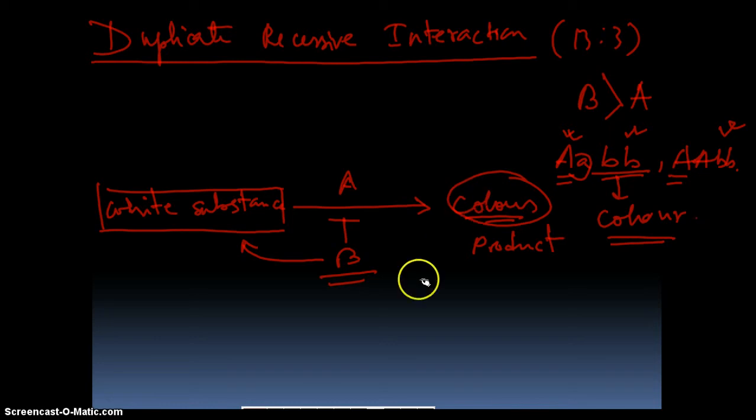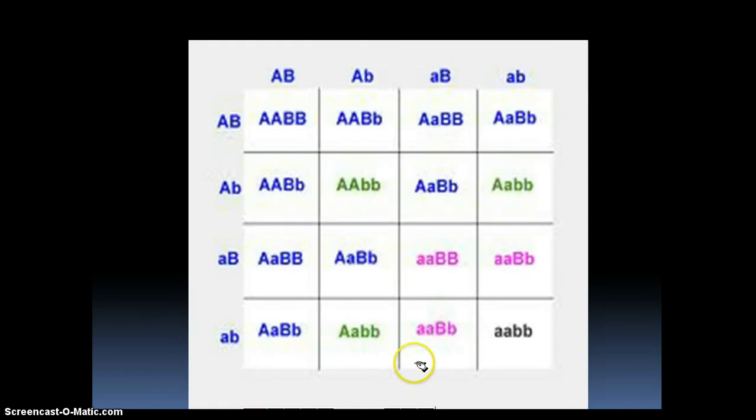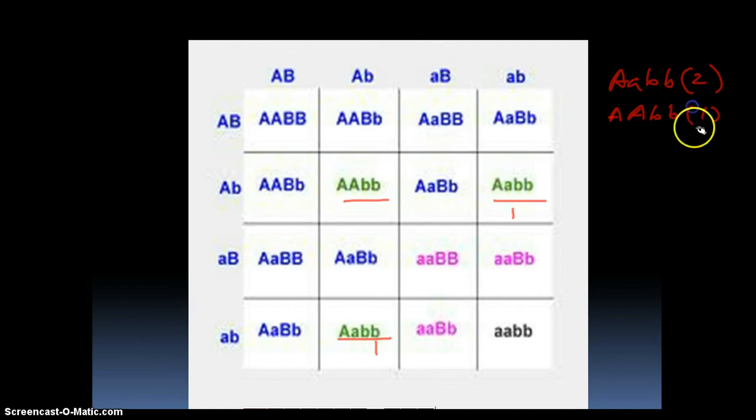Now if we go to this Punnett square, we can see that in the places where capital A is present, there are 3 genotypes: capital A small a with capital B small a, and capital A small a with small b, two such genotypes, and one other such genotype.